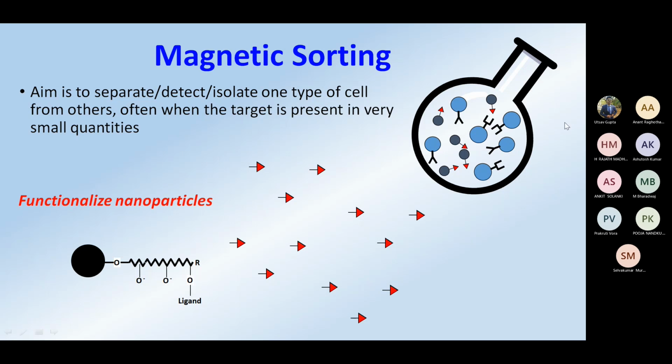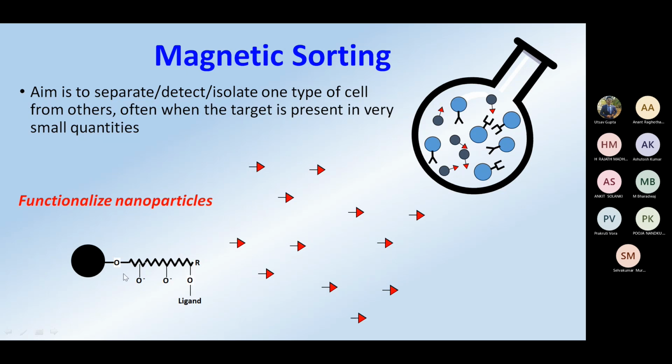So assume that you have an RB flask or a cell culture dish with different cells and different targets. What are you going to do? You decide the ligands that directly connect to the concerned cells.